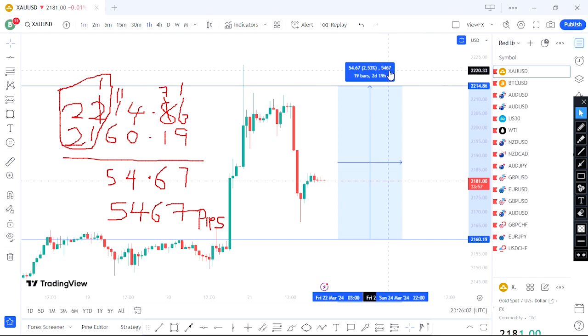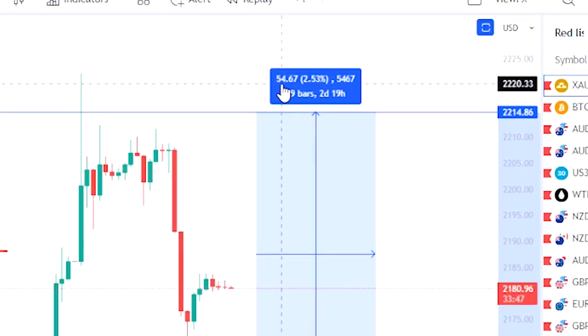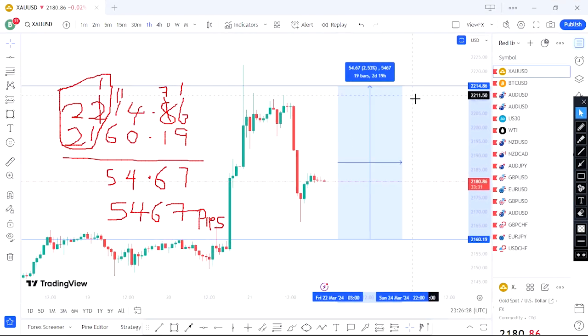So the ruler gives you the pips without this decimal point. But if you look at the front here, you're going to see 54.67. You're going to see it with the decimal point. So always try to use this one here for calculating pips on any instrument at all on TradingView. So this is the ruler.